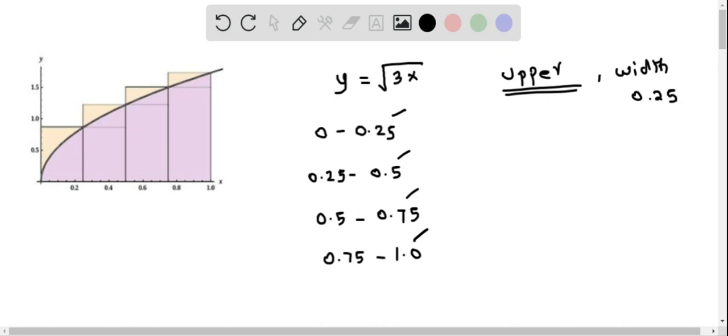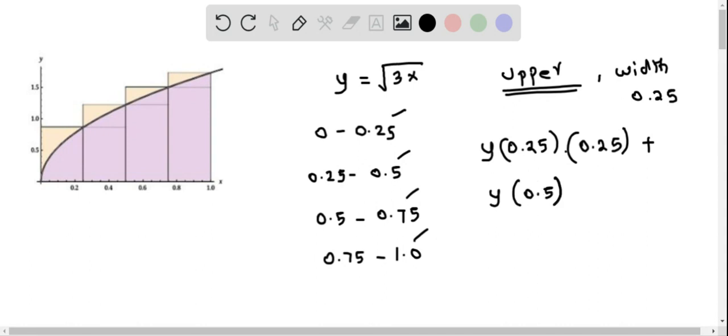For the first subinterval, the height is given by the value of the function at the right endpoint, which is 0.25. So we find y of 0.25 times the width, which is 0.25. So this gives the area of the first rectangle. We then add this with the next rectangle. So here we use the right endpoint, 0.5, which means y of 0.5 gives the height of the next rectangle times the width of the rectangle, which is 0.25.